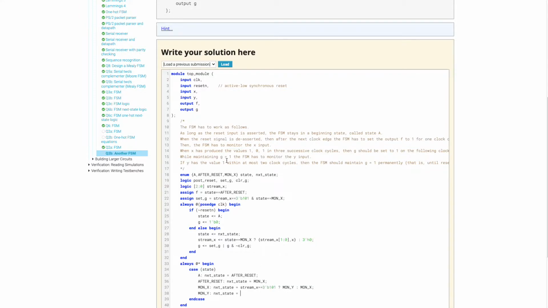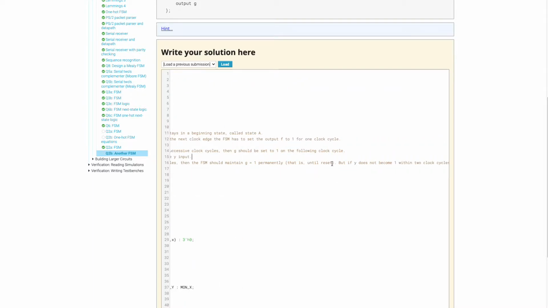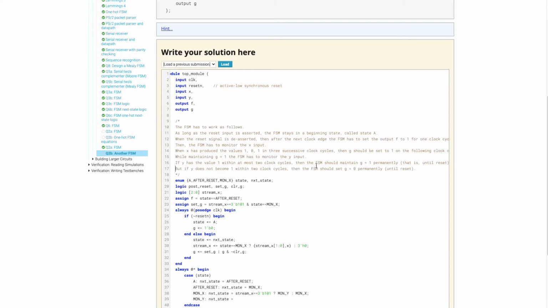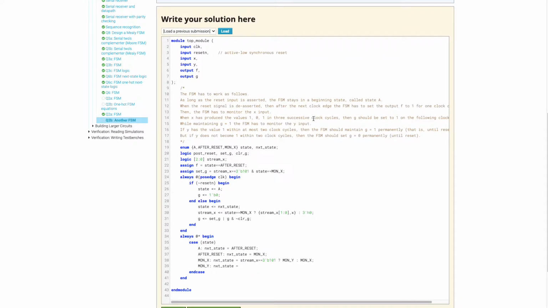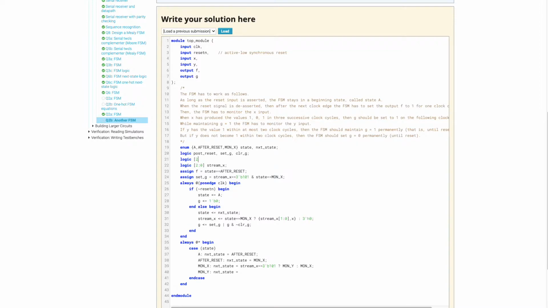Okay. One permanently. So when we're in monitor Y, we basically have 2 cycles for Y to become 1. And if it is, G is 1 permanently. And if not, then G equals 0 permanently. So I just have a saturating count.